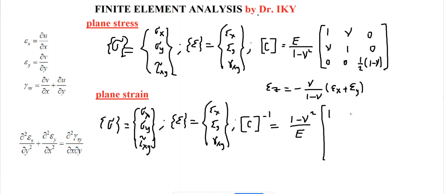1, minus mu over 1 minus mu, 0; minus mu over again 1 minus mu, 1, 0; 0, 0, 2 over 1 minus mu.